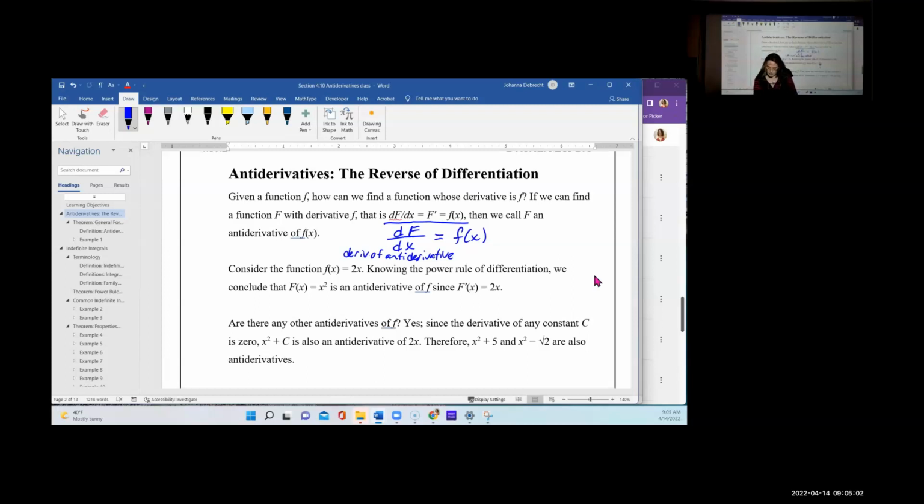Anything that is of the form the antiderivative function plus a constant, where c is a constant, would also serve as an antiderivative. And the reason is when you take the derivative of the constant, the derivative of the constant is 0.